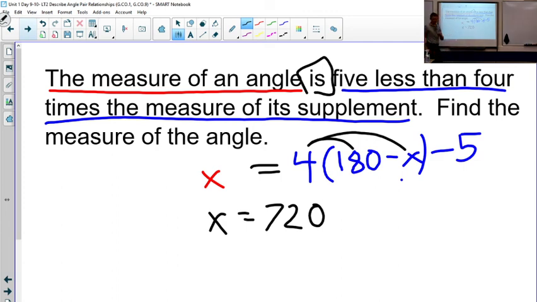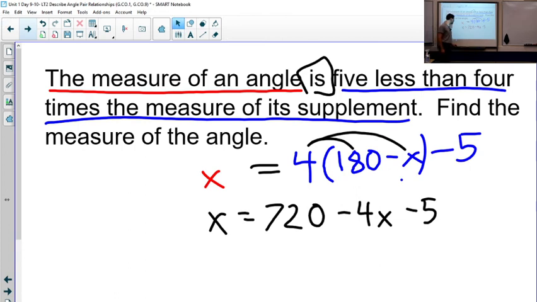Big number, but it's going to work out. Minus 4x minus 5. So that's how our distributing is going to work out. We're just going to multiply each of these things by 4. And then you should be able to solve it from there.